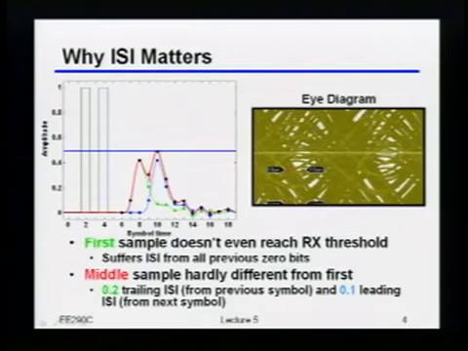It's totally shifted off, right? Well, it turns out that happened because this green pulse over here, something like 0.2 of the amplitude that you sent from that green pulse, is still sticking around in the channel. Okay, and not only that, there's 0.1 of amplitude from the pulse that will be coming from that blue one, which is also pushing this guy up over here.